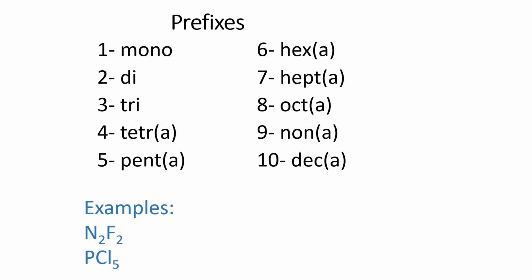So here's the prefixes you need to know. We're going to go through 10. 1 is mono, 2 is di, 3 is tri, 4 is tetra, 5 is pent or penta, 6 is hex or hexa, 7 is hept or hepta, 8 is oct or octa, 9 is non or nona, and 10 is dec or deca.